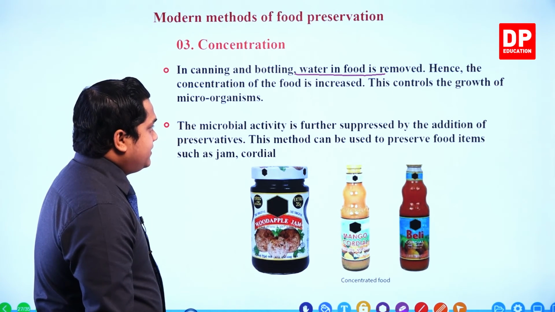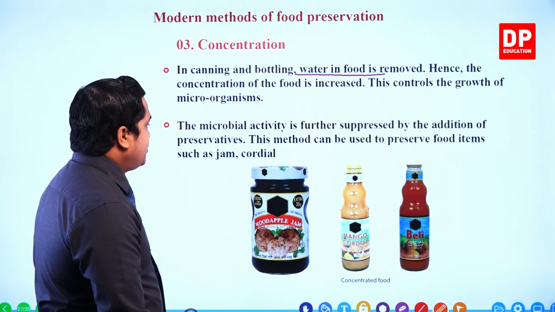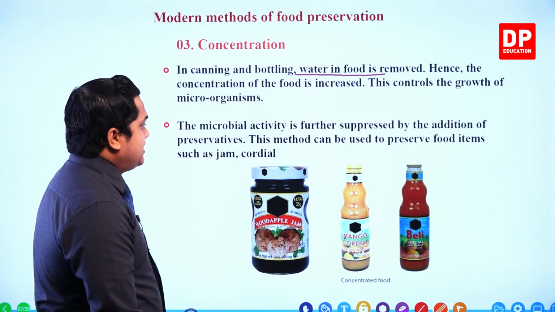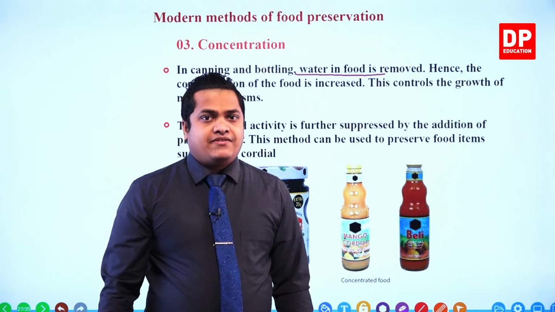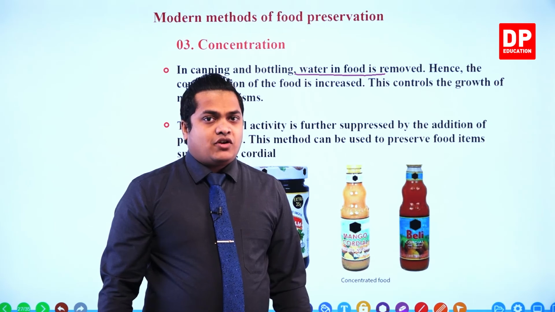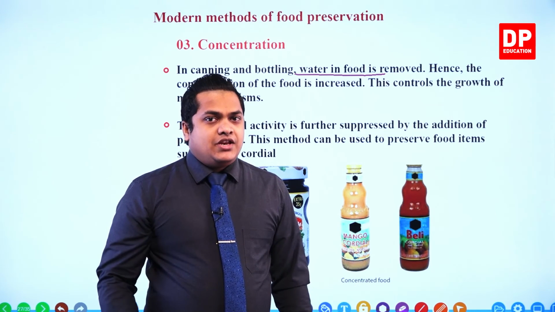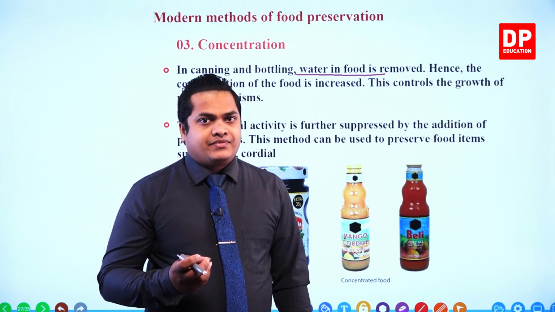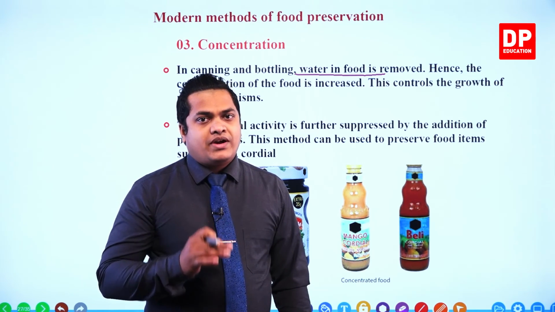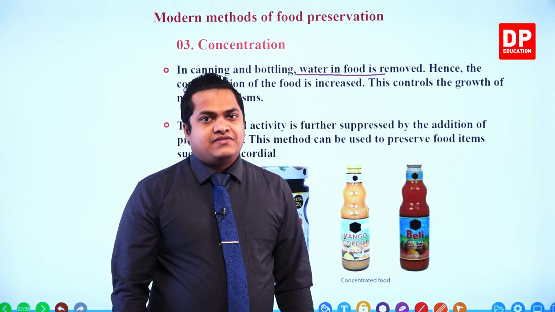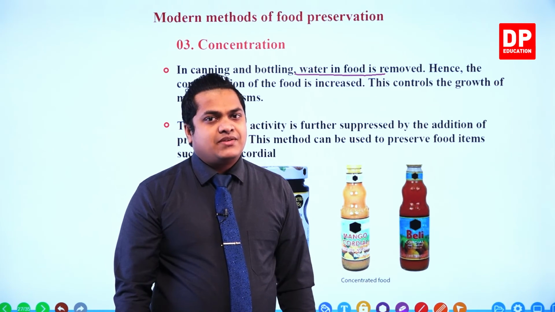Microbial activity is further suppressed by the addition of preservatives. I told you that preservatives are types of chemicals that we add to these substances in order to minimize the growth of microorganisms. These are called additives and preservatives.